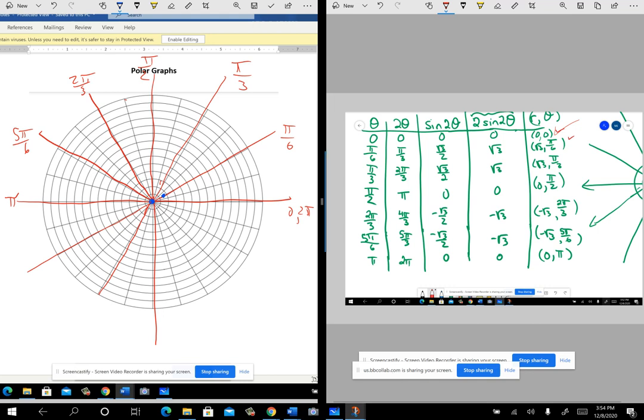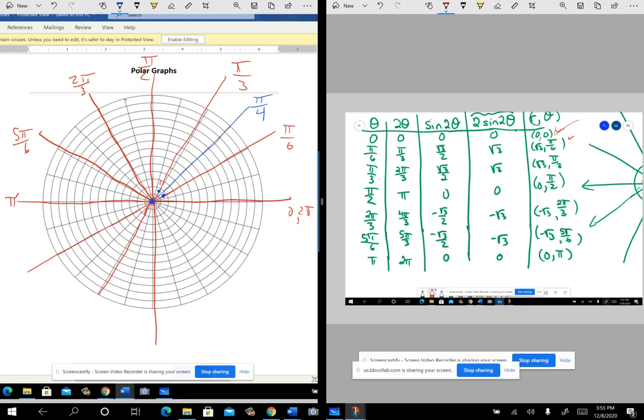Then when I'm at pi over 3, it's the same thing. So here's pi over 3. I have to go out till I'm nearly to 2, 1.73. All right, so what I commented on is that you actually would benefit by having some extra data. So it'd be nice to know, what about right here at pi over 4?